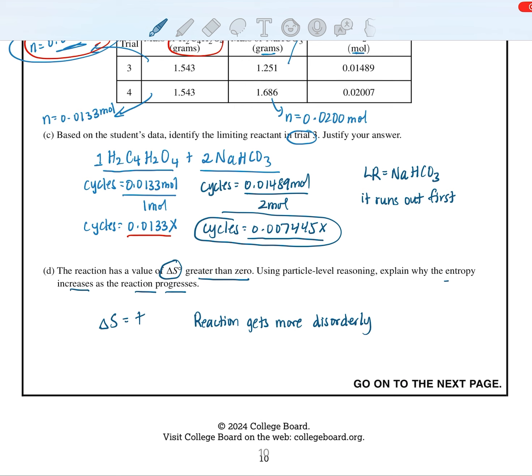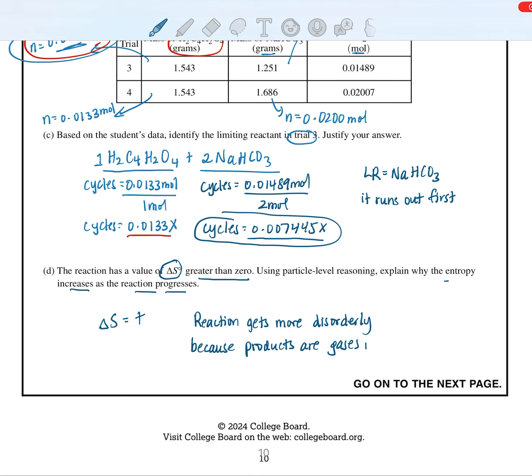The reaction does get more disorderly because we have created gases, which are disorderly molecules. They fly around, and you can explain this in your own words.